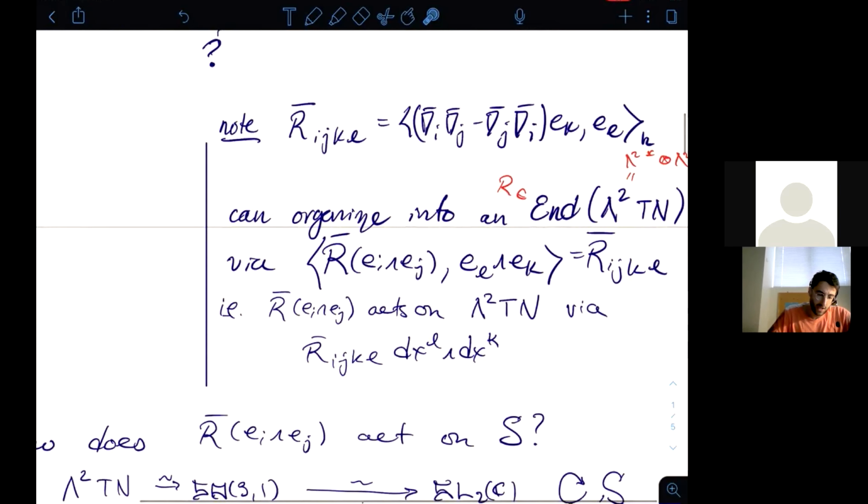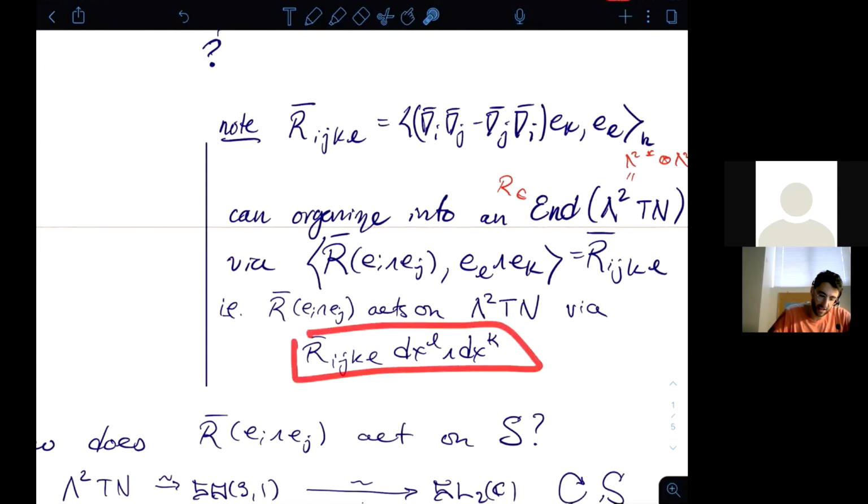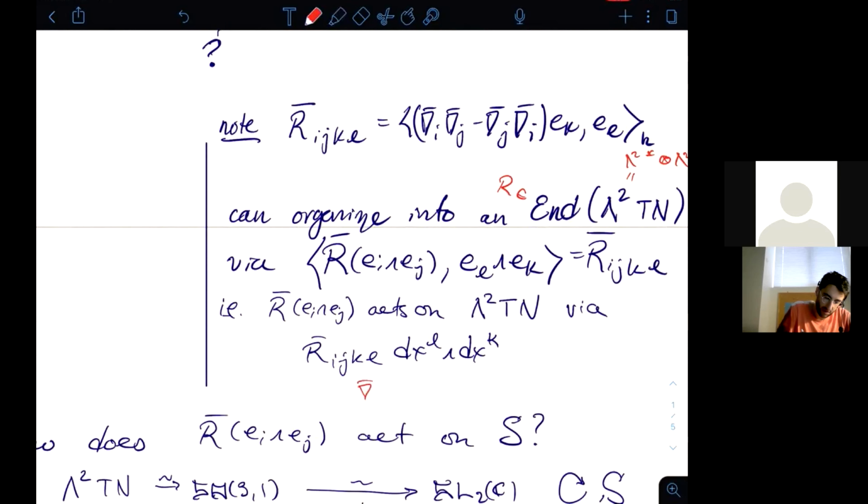Okay, so we can make sense of how this object here is how nabla bar I nabla bar j minus nabla bar j nabla bar I acts on lambda 2 T*M.